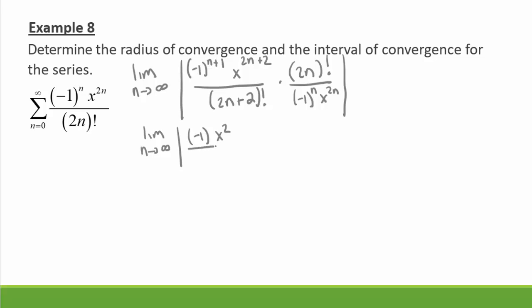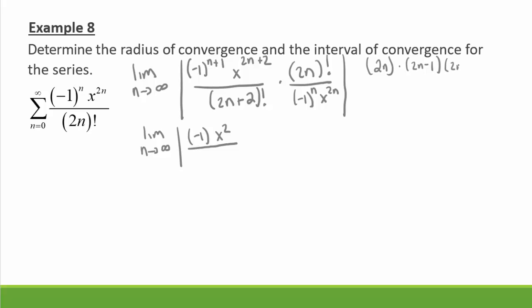Now, understanding what's happening with this, my first term on the top for that factorial would be 2n. And then you reduce by 1, so I'd have 2n minus 1.